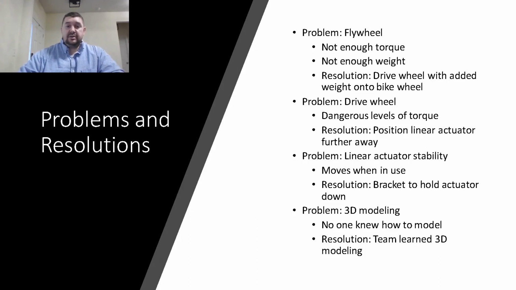So we are working on the bracket for that. And then I briefly spoke about the 3D modeling, that's definitely a problem, and we're all going to work to become better at 3D modeling because we'll need it throughout this project or any project.